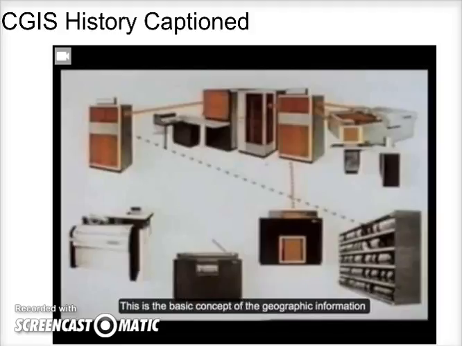So the CGIS was planned and developed as a measuring tool, a producer of tabular information rather than as a mapping tool. But in this video, it shows if the end users want some maps, the system could provide some maps.